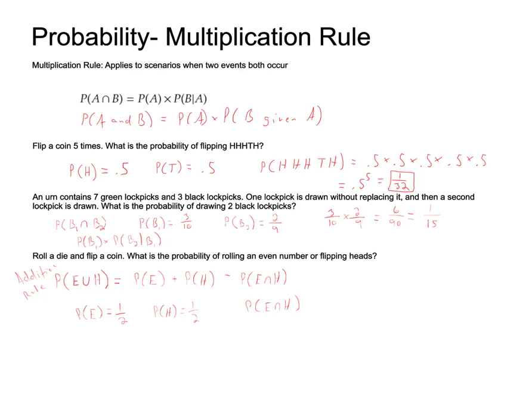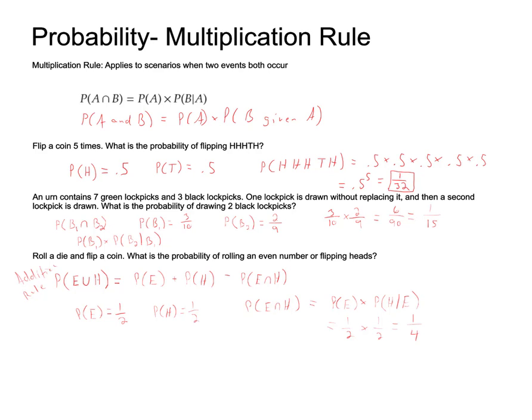So the probability of even and heads is going to be the probability of even times the probability of heads given even, or we can say that's equal to 1/2 times 1/2, or 1/4.